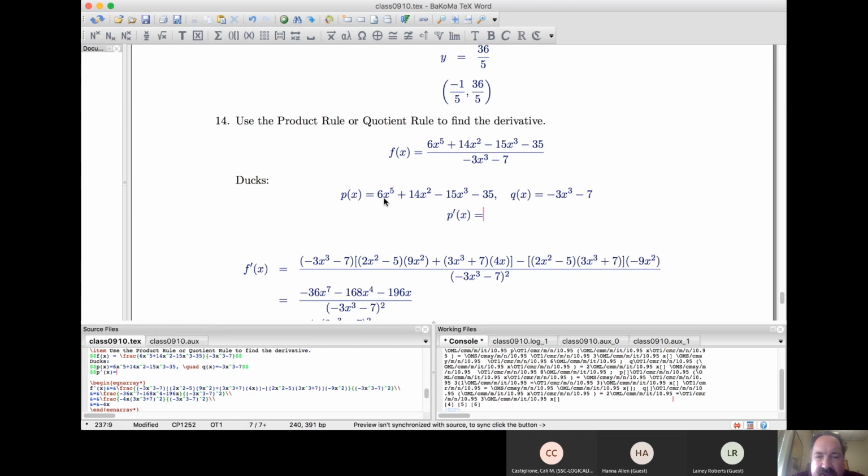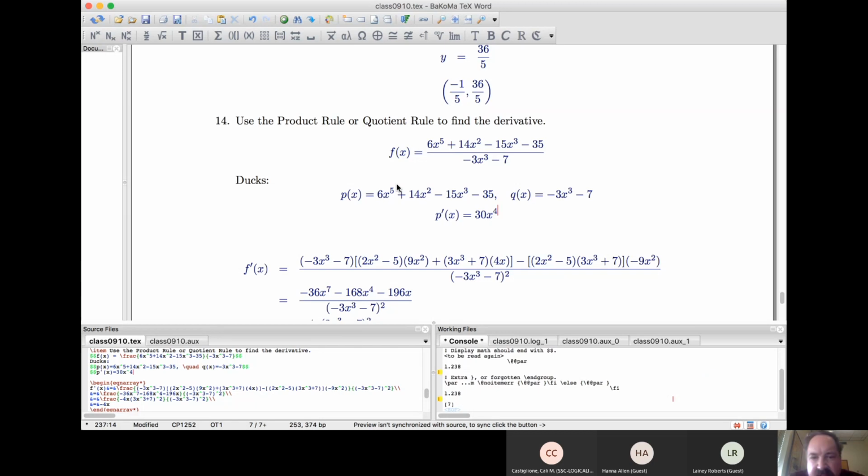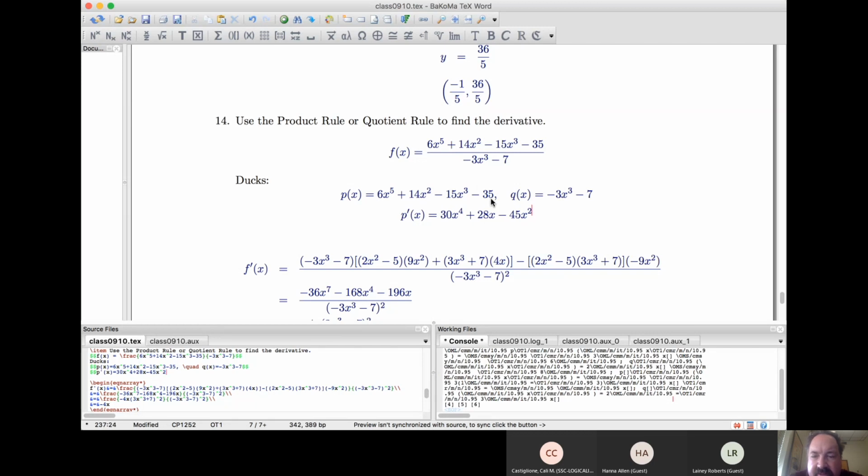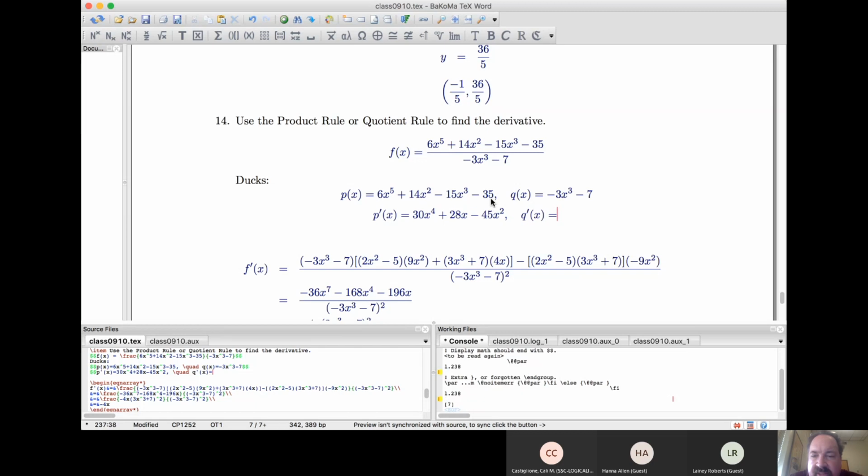So here I have P prime by the power rule, 30x to the fourth plus 28x minus 45x squared. The minus 35 gives us nothing. Then Q prime, so that'd be minus 9x squared is all we have here.